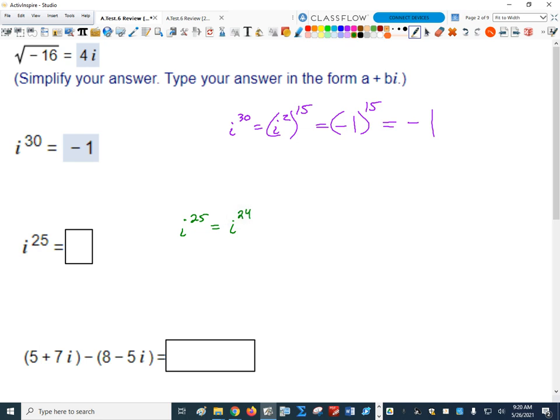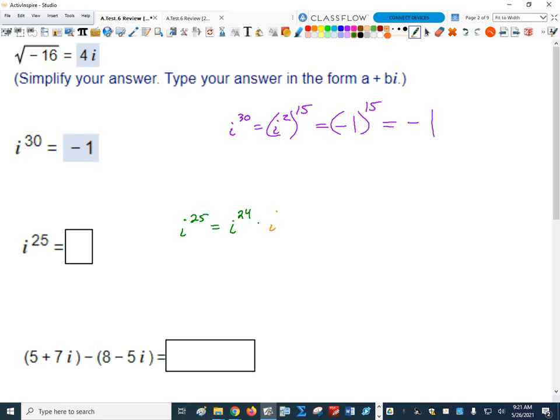Okay, there you go. i to the 24th times i, right? So we know we're going to get this leftover i in our answer, but i to an even power is either going to be -1 or +1. So our answers are either going to be i or -i, right? We just have to figure out which one.